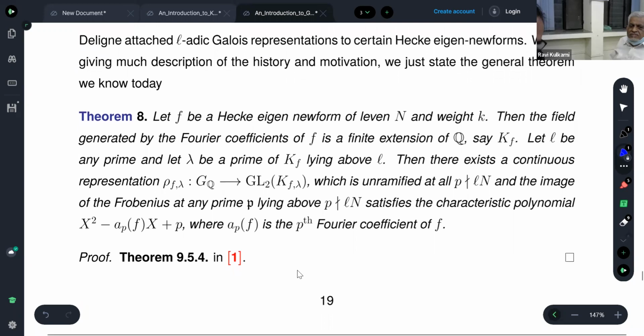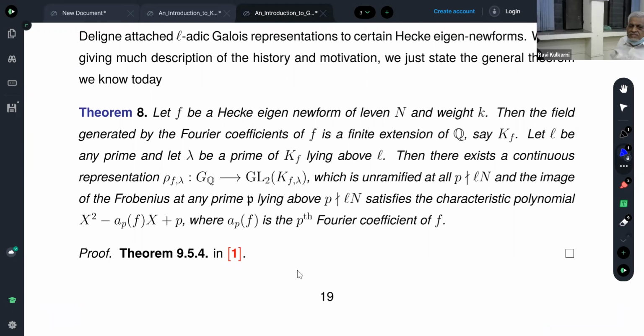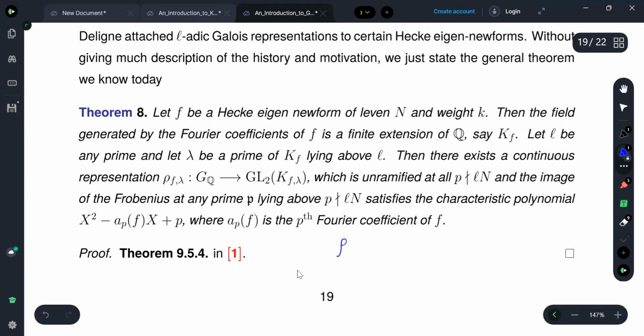Did you define what is ramification of Galois representation? Oh yeah, sorry, I just forgot to write that. The representation rho is said to be unramified at p if rho restricted to the inertia group at p is trivial.